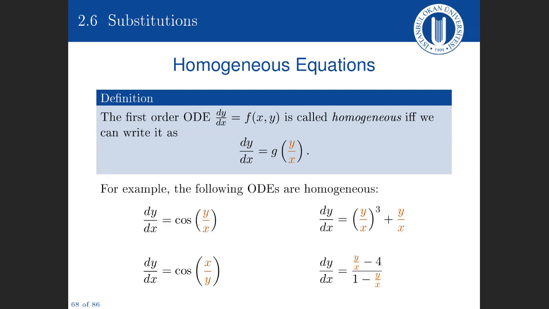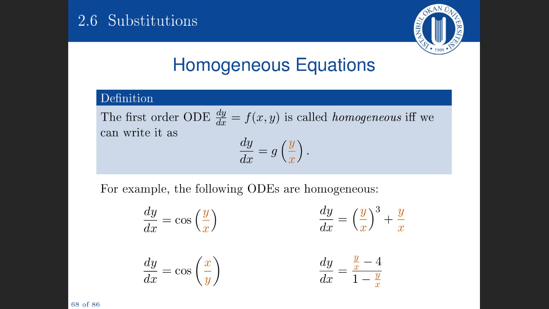So for example, these differential equations are homogeneous. dy/dx = cos(y/x), or dy/dx = y/x³ + y/x, or dy/dx = (y/x − 4)/(1 − y/x).